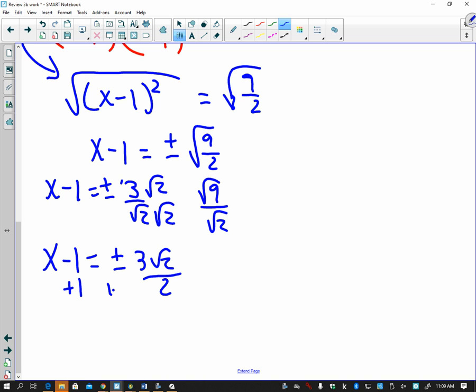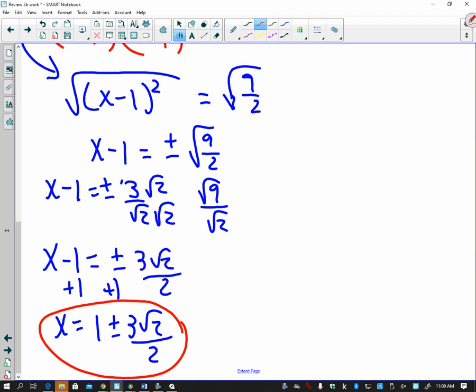Add 1, x equals 1 plus or minus 3 radical 2 over 2, which is the same as what we got over on the other side. Sorry, I should have finished it. Okay? All right.